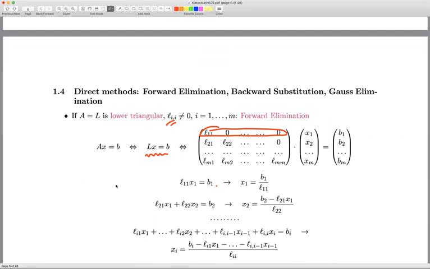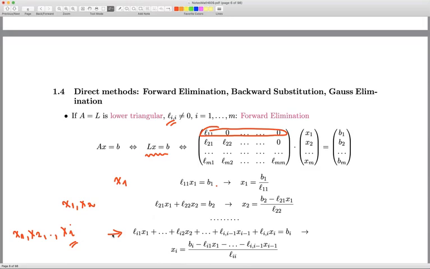So the first equation will have only one unknown. This is the unknown x1. The second equation will have two unknowns. This is the unknown x1 and x2, and so on. This is the ith equation. The ith equation will have x1, x2, and so on, xi, all these unknowns, and only them.